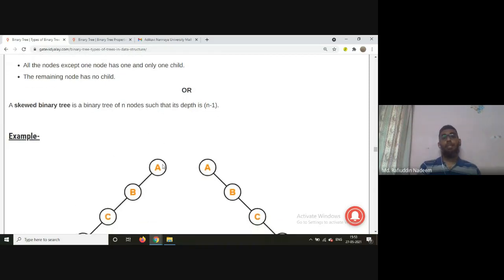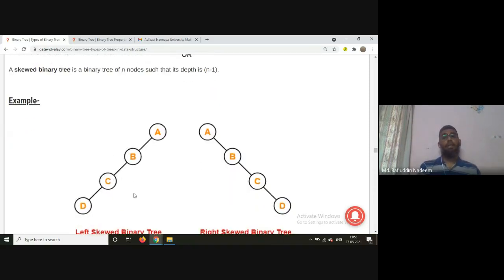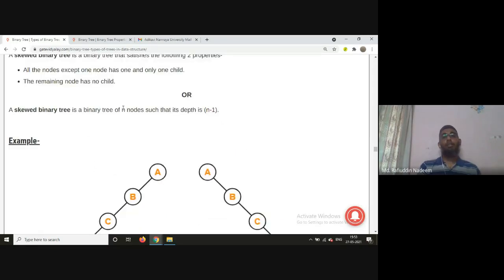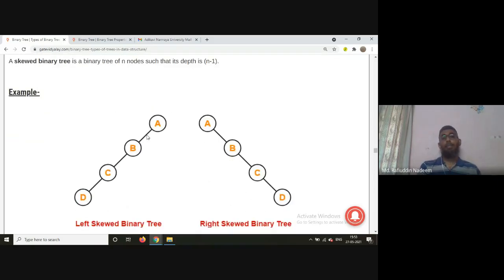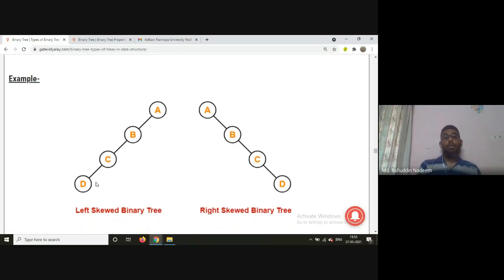Such a binary tree is called a skewed binary tree, and a skewed binary tree of n nodes has depth n minus 1. See, 1, 2, 3, so its depth is n minus 1, with three edges. It is a left skewed tree if all the nodes are on the left side, and a right skewed tree if all the nodes are on the right side.